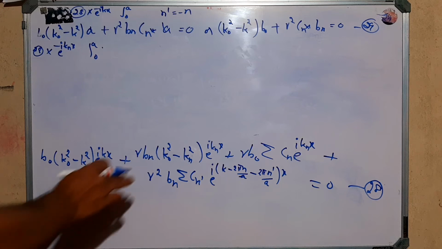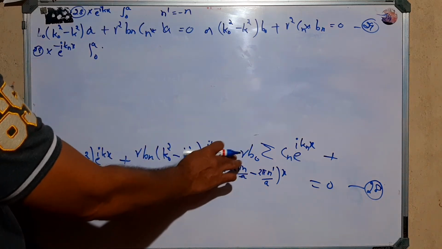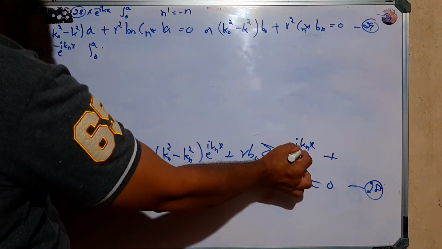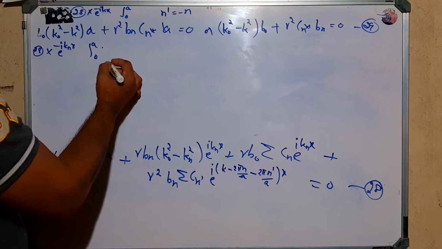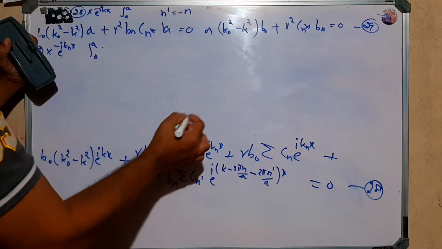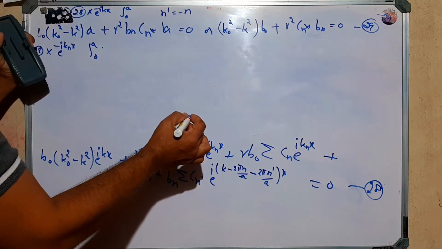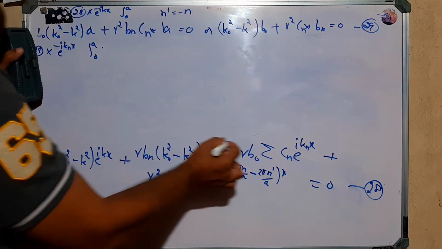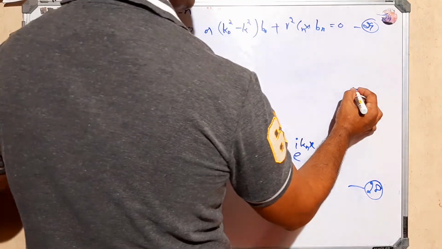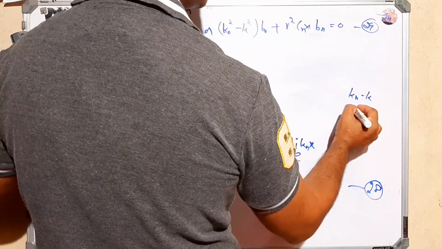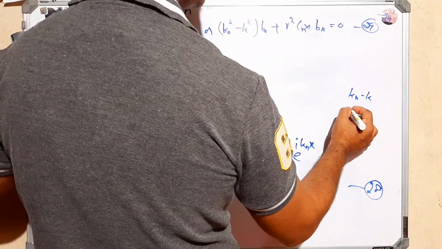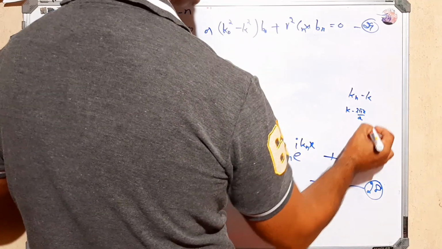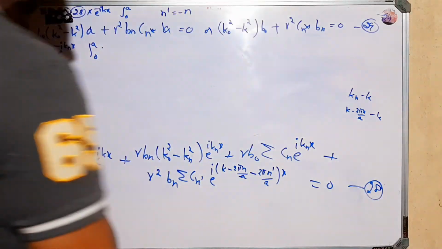So the second term also reduces to 0. The third term is gamma into cn. See what you are getting. Gamma into this kn minus k. So kn is nothing but k minus 2 pi n by a, right, minus k.